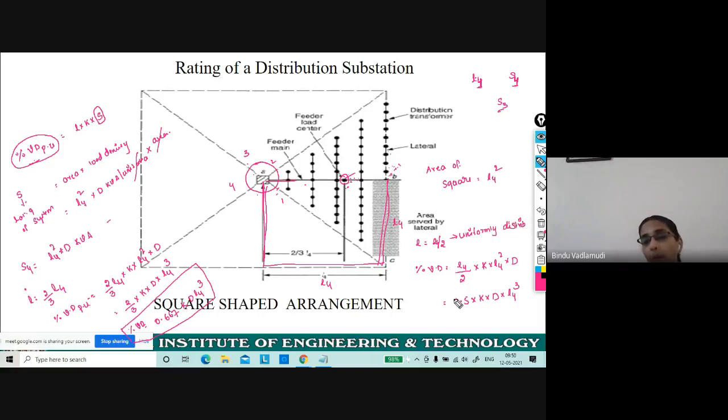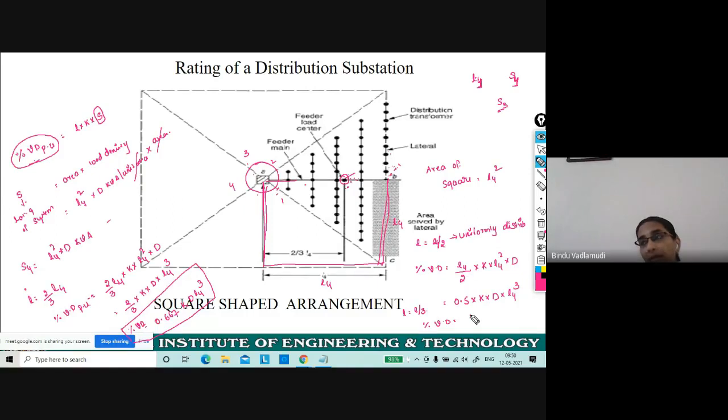Suppose it is a decreasing load, then what is the value? L is equal to L by 3. Then percentage voltage drop is equal to 1 by 3.